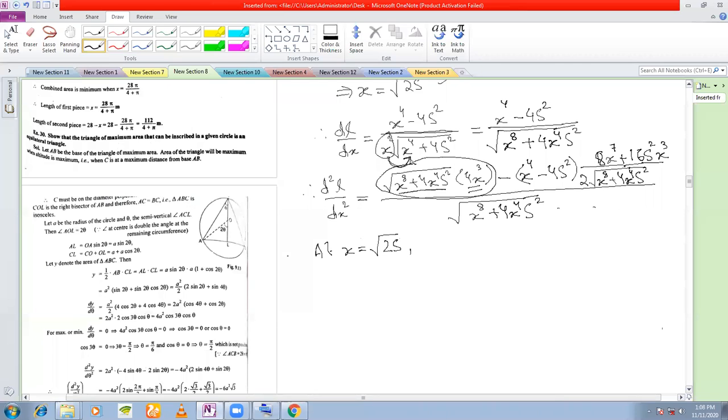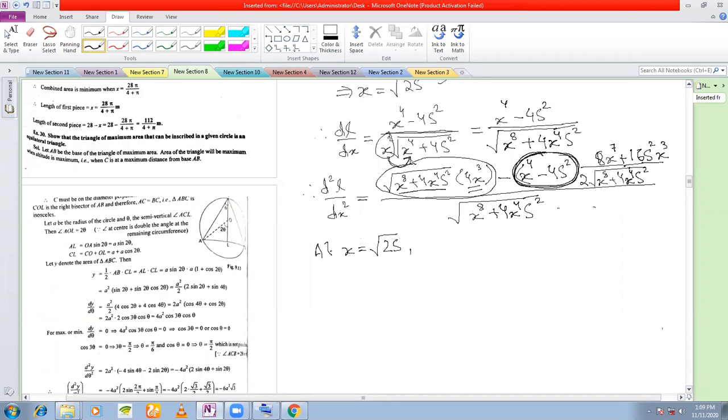Next, if you put x is equal to root 2s here, what will happen? This will become 0, right? x to the power of 4 minus 4s square, if you put x is equal to root 2s, this part will become 0.